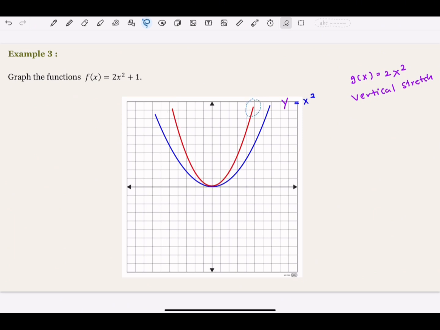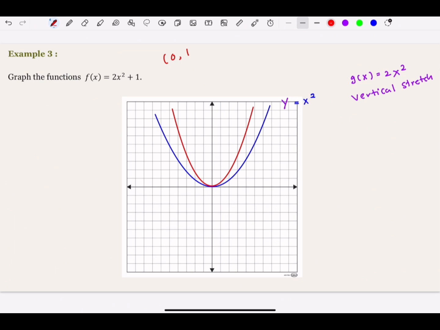Now you have to transform this to get 2x squared plus 1. The plus 1 at the end shifts the graph up by 1 unit, which means the vertex of this parabola, instead of being at the origin, moves to the point where x is 0 and y is 1.